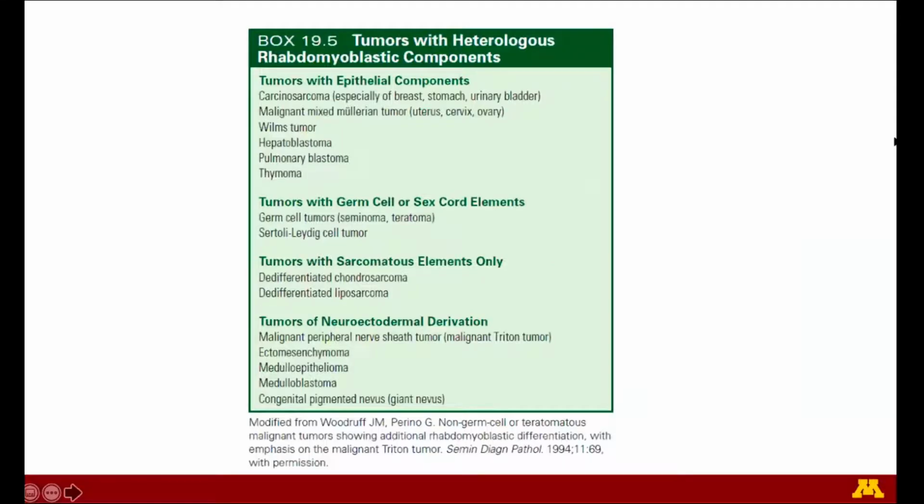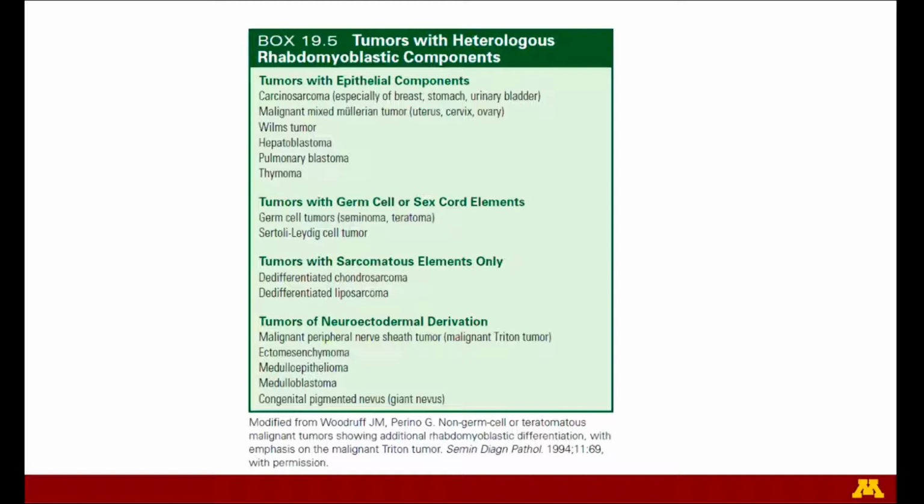Yeah, I pulled this from Dr. Weiss' soft tissue book, and it shows the other tumors which can show rhabdomyoblastic differentiation.